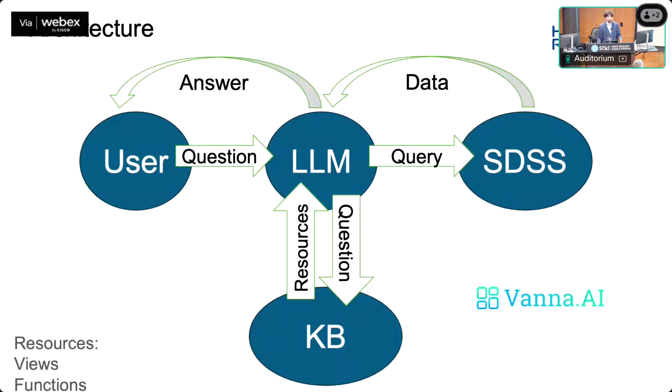The knowledge base here is the RAG, and it stores views and functions of the database, so the LLM knows how to ask the database about our question. Then it sends the query to the SDSS, and the data that comes back is also processed by the LLM. So the user doesn't just get back data, but also a summarization from the LLM.